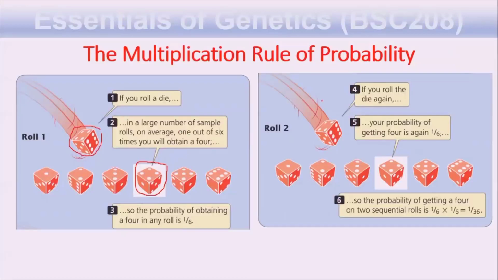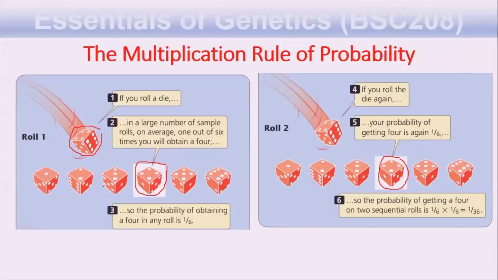And then if we roll the die again, then probability of obtaining the 4 again will be 1 by 6. So if we want to get the probability of getting 4 on the top on two sequential rolls, then what will be our calculation?